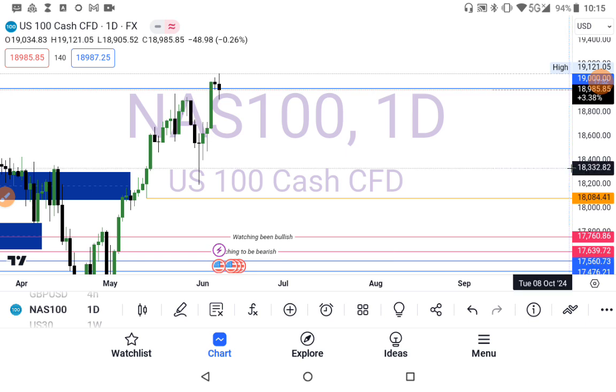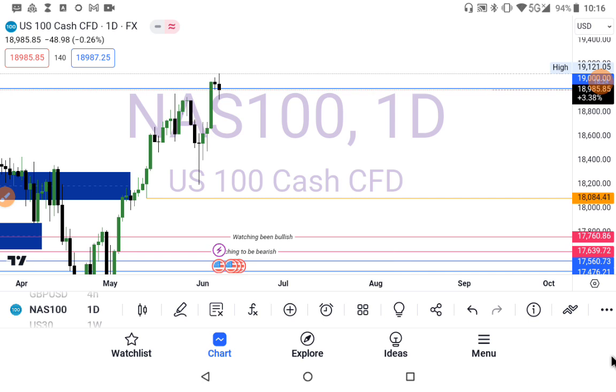So I've said it time without number that the moment the market is going higher, I need no reason to call it lower. So if it is going lower, I need no reason to call it higher. So now Nasdaq has given us another all-time high.